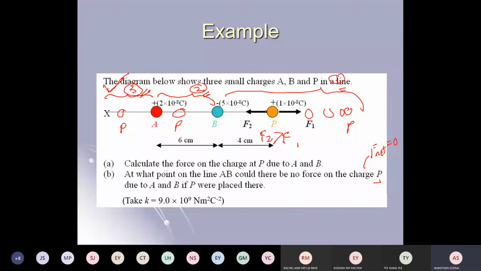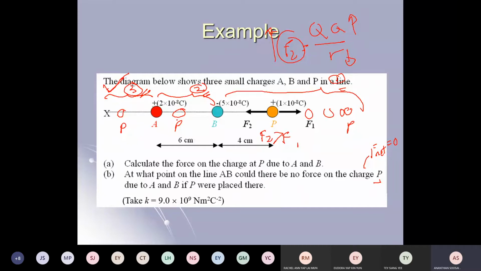Because F2 has the shorter distance, and the charge of B is greater than A. So the product of charge is big and the R is small, so F2 is going to have the greatest value. So no way F1 is going to balance F2 in the first region.